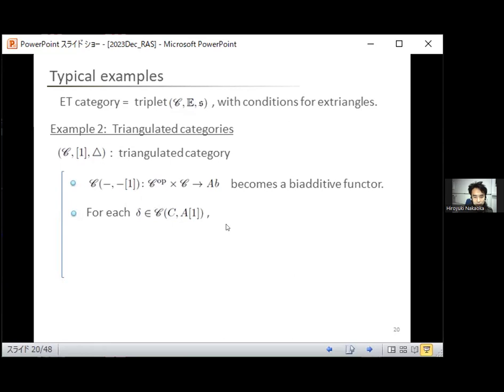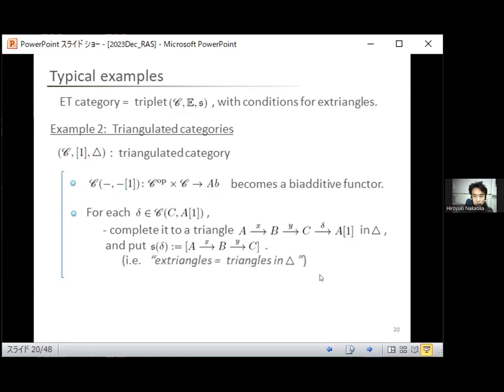For each such morphism, we can complete it into a distinguished triangle of this form. And then we define the realization of delta to be the equivalence class of the sequences appearing here. In other words, we define X triangles to be distinguished triangles.